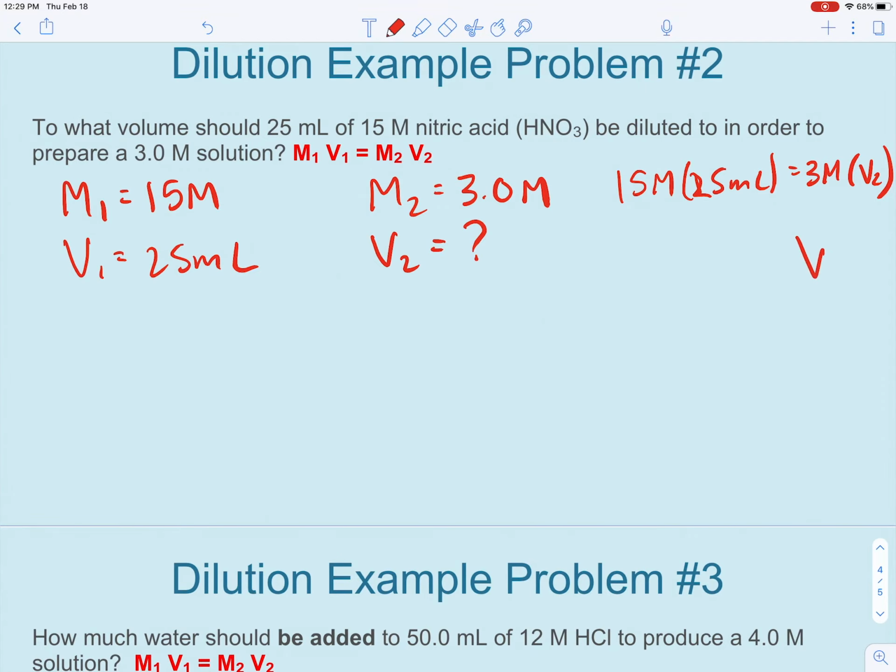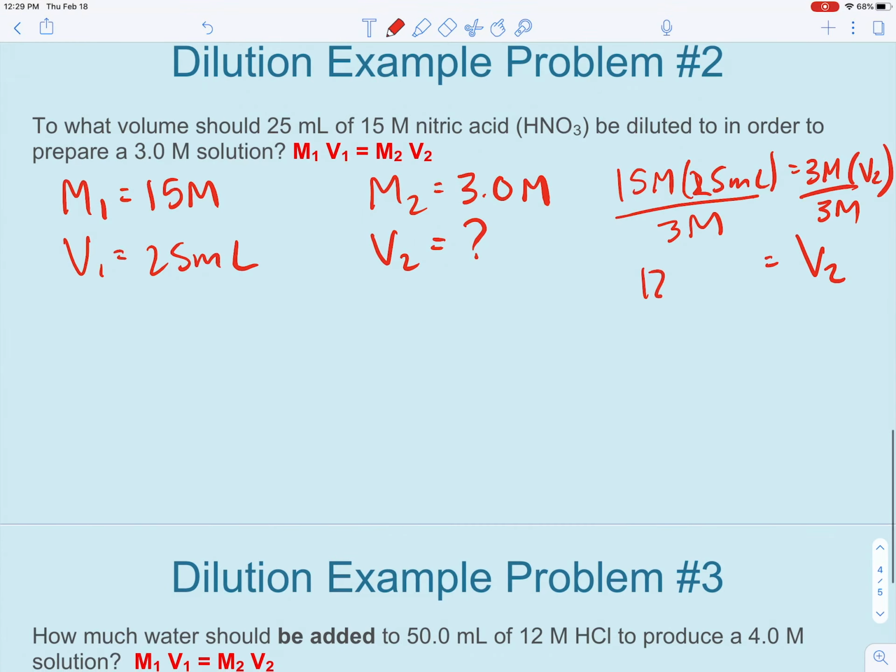So we're going to divide both sides here by 3M. I get 125 milliliters. Again, whenever we dilute something, we generally increase the volume by adding water, and that lowers the concentration. So this is an inverse relationship. This is kind of similar to those Boyle's law problems that we did.